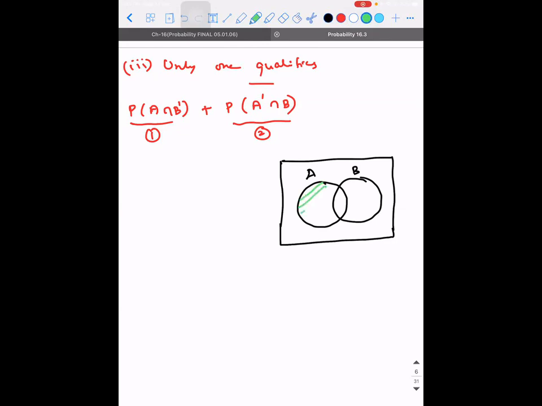Tell me which region is this. So what is green region?